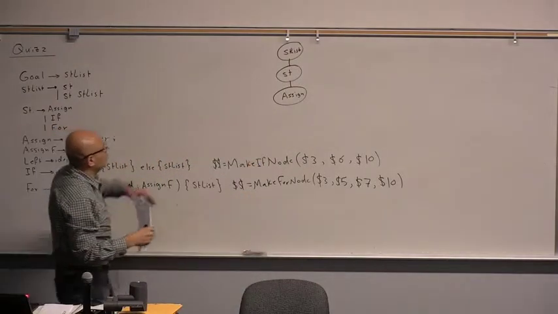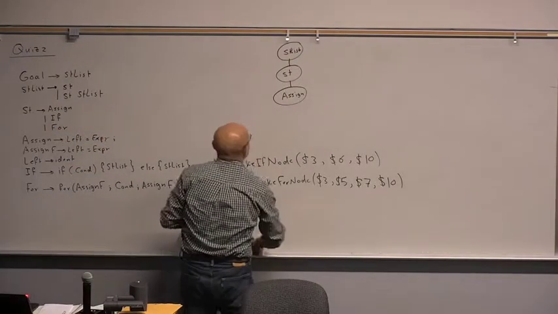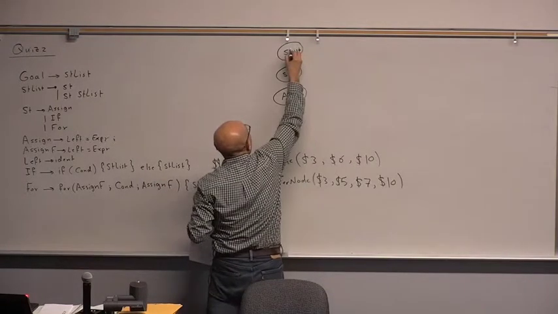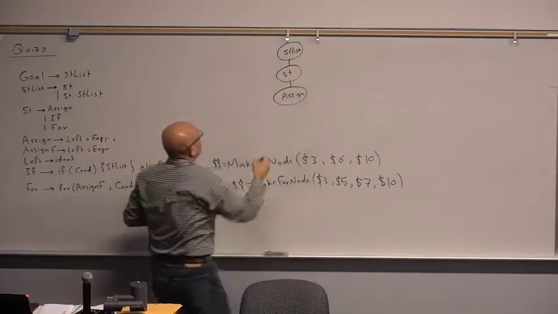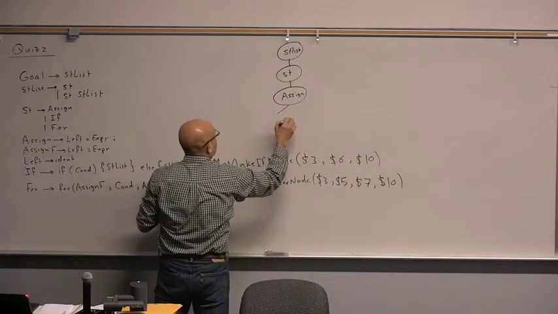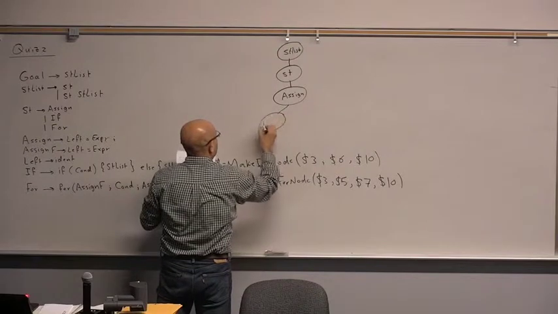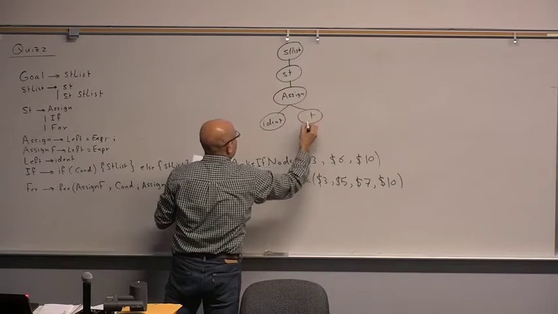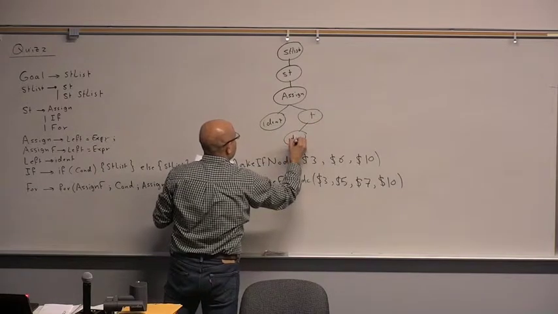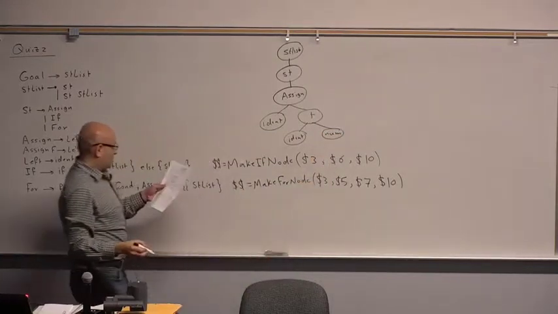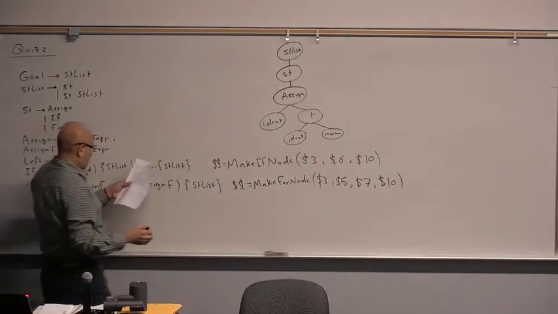So even if you don't put these, that should be fine, because it's a statement list. Okay, and the assignment is you are assigning the identifier to the addition of an identifier and a number. Okay, so this is the abstract syntax tree.